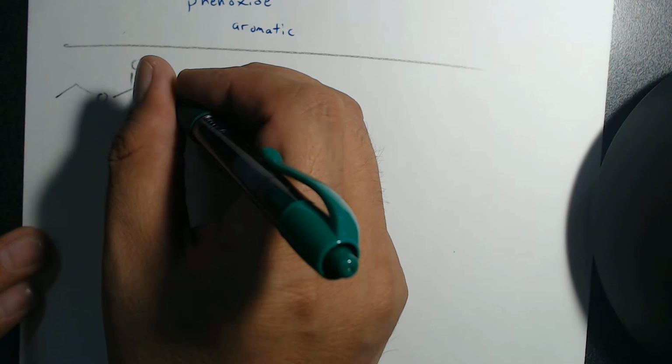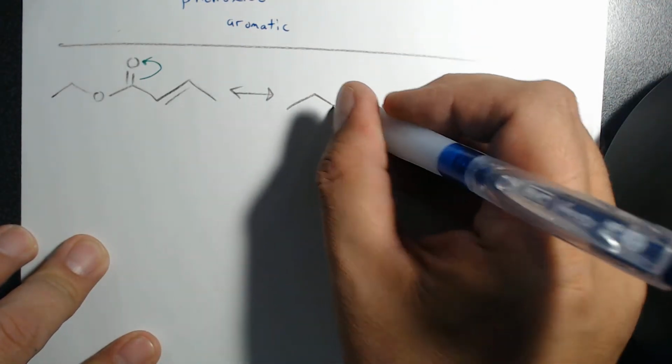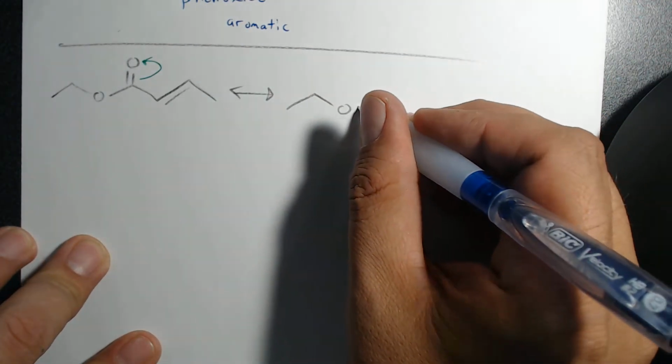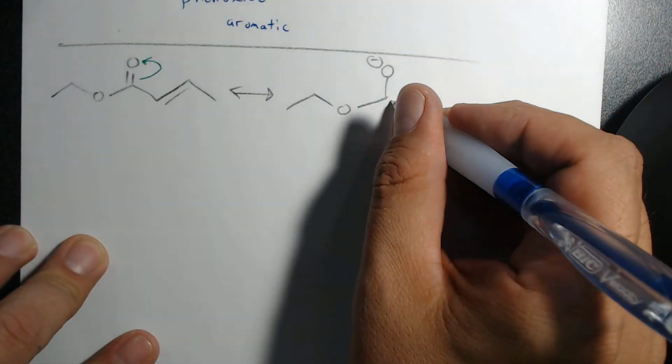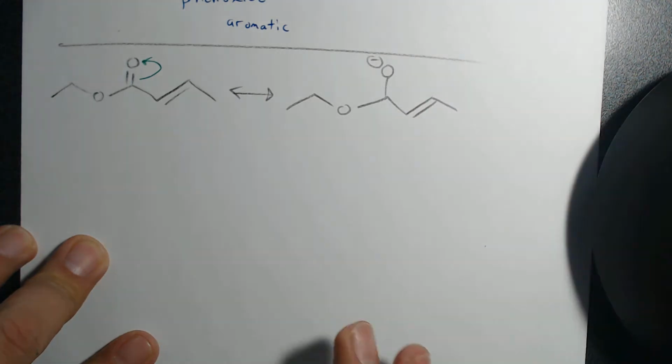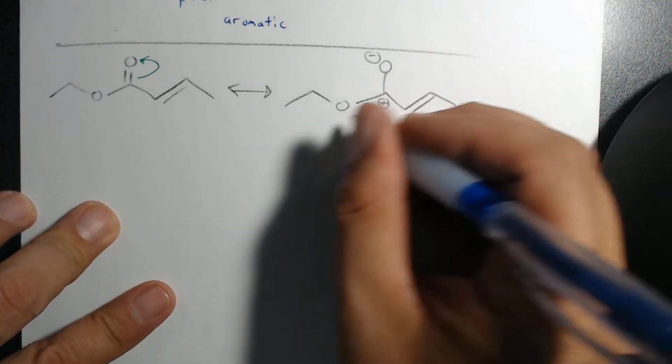So you guys are going to love when you have resonance problems. They have double bond O because that's always a clear part to start. Here you go. Here we have a positive charge.